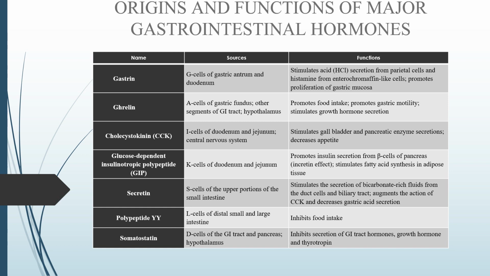The source of this hormone is L cells of the distal small and large intestine. Its function is to inhibit food intake. The last hormone is somatostatin. The function of this hormone is to inhibit secretion of GI tract hormones, growth hormone and thyrotropin.